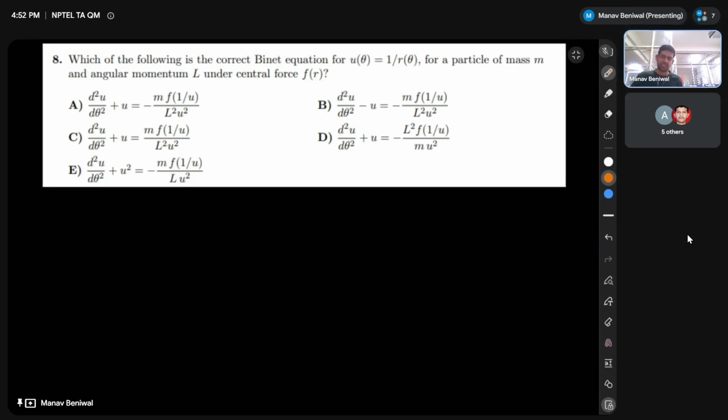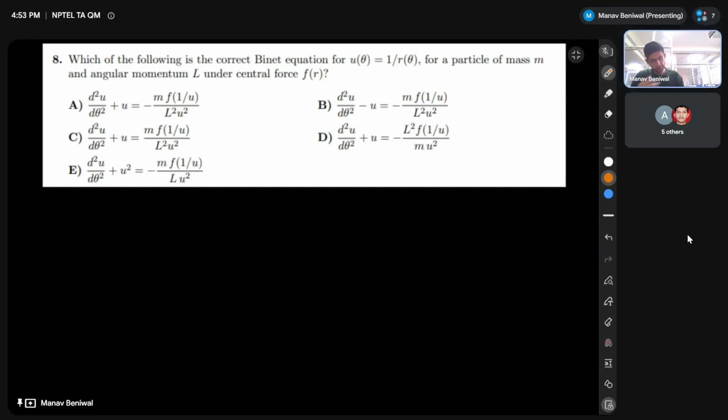This was also one of the problems. Okay, so anyway, we are taught about this Binet equation in this class, right? I cannot say, I haven't watched the week 3 lectures yet. Okay, I think it is covered, but anyway.